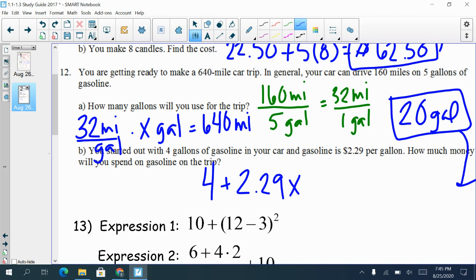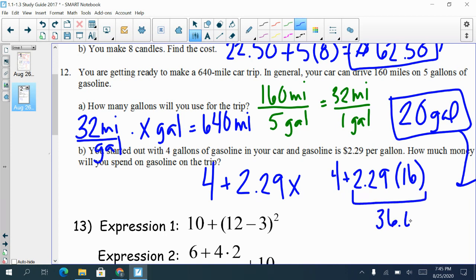So I'm going to have 4 plus 229 times, we're going to have 20 take away 4, which is 16. So 229 times 16 is 3664.